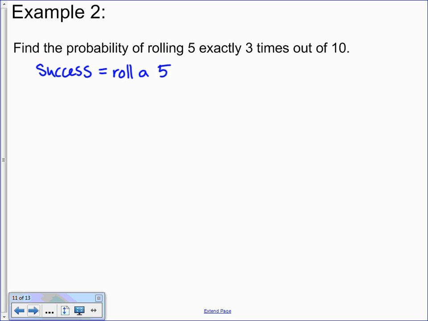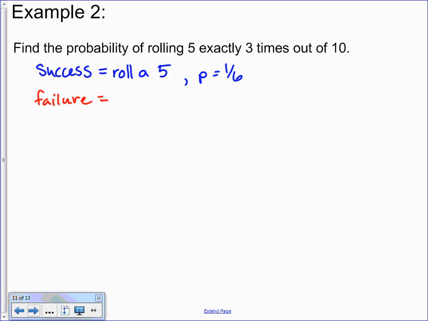Can you calculate the probability of that? What is the probability that you roll a 5? 1 out of 6. Yes. If success is rolling a 5, what's failure? Oh, 1 through 4 and 6.